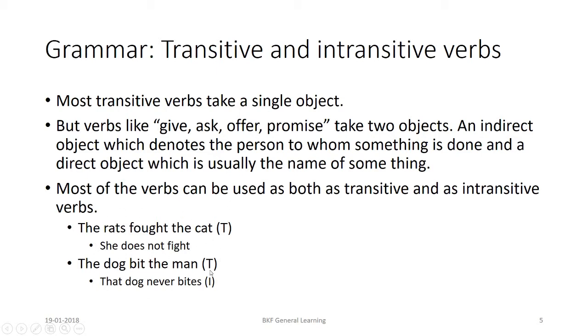But it can also be used as intransitive. In the sentence she does not fight, fight is intransitive because it's not passing anything to any object. Similarly, in the dog bit the man, bit is a transitive verb, and in the dog never bites, bites is an intransitive verb.